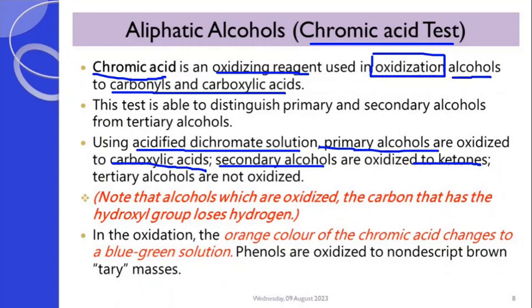However, if there is any tertiary alcohol in the sample, it will not be oxidized. This can help you distinguish between primary and secondary alcohols and tertiary alcohols.